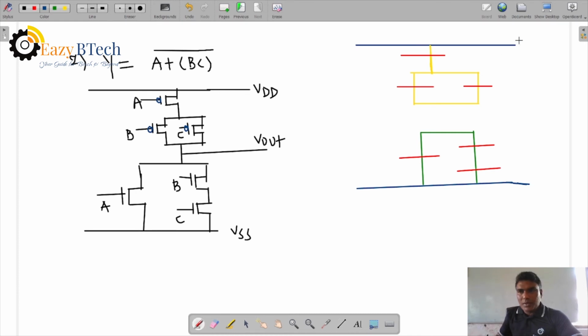We can represent this in the colors. What is the blue color? VDD is the blue color. So this is VDD, blue color, and VSS also blue color, right?